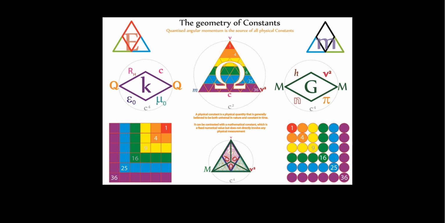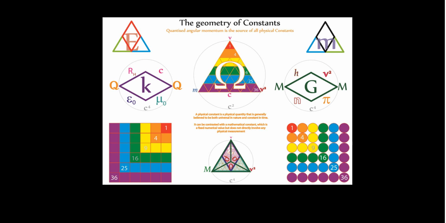We can see the relationships of mass velocity squared, mass velocity for momenta in the center. We see mass omega, which is Planck's constant, and energy, the number of Planck quanta, per c squared. Energy divided by c squared is the mass of the system. All that information's in there.